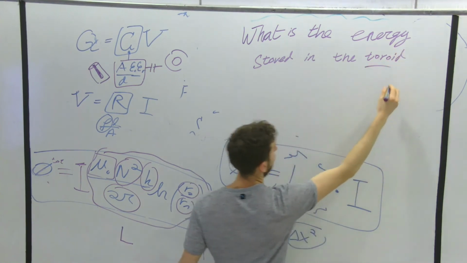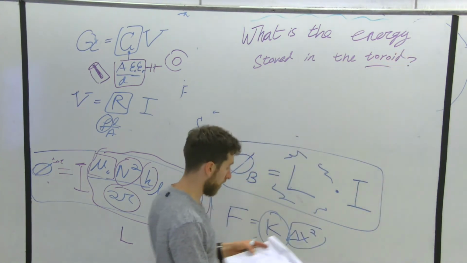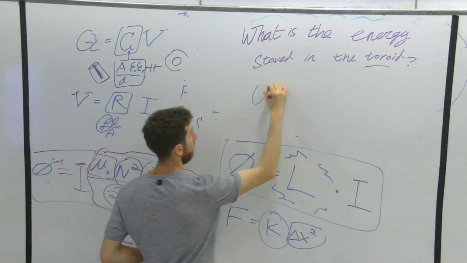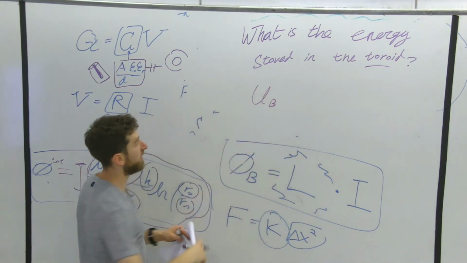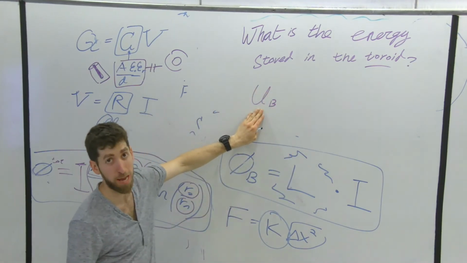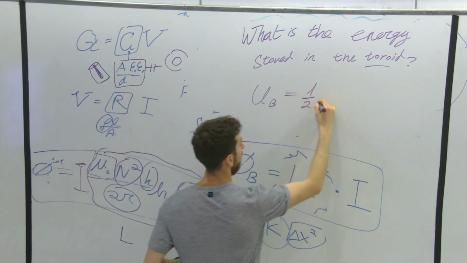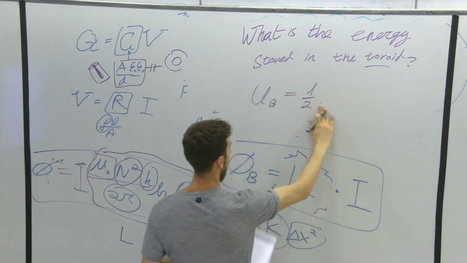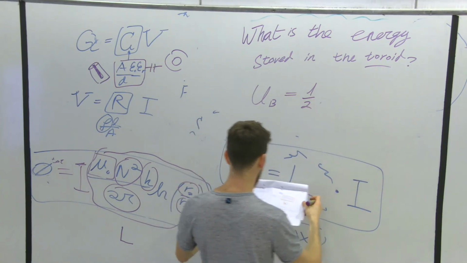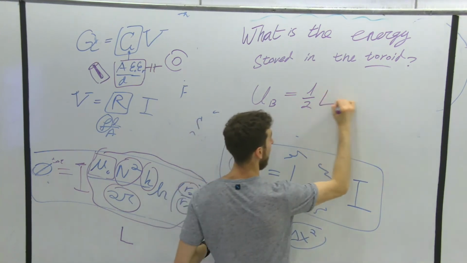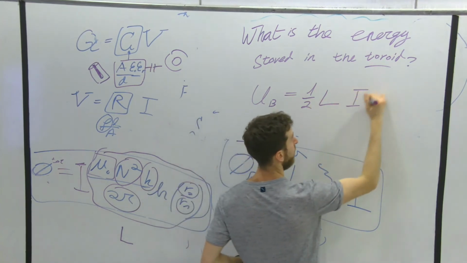So what is the energy that's stored inside? You saw in the lecture that the energy in a solenoid, in an inductor, is a magnetic energy, and it's equal to half L I squared.